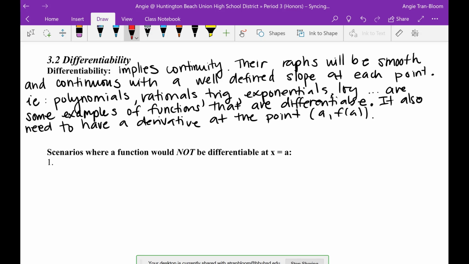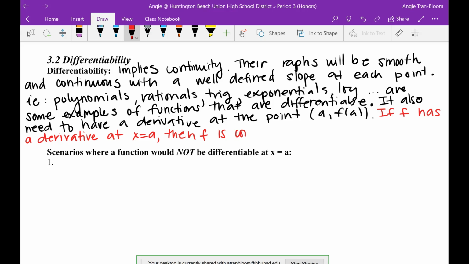Okay. So, true or false? Here's my first sentence. If f has a derivative at x equals a, then f is continuous at x equals a.